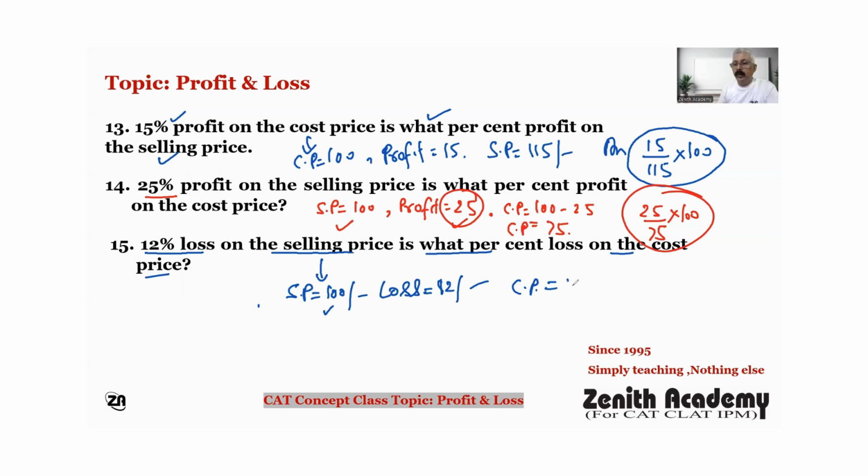So the cost is going to be 100 plus 12, meaning 112. So now, what percent loss on the cost price? Loss percent is 12 upon cost price 112 into 100. This is your answer. Okay, so these are small calculation points, keep them in mind, they will be useful.